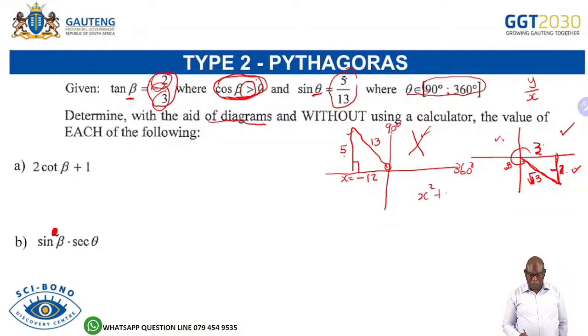X squared plus y squared equals r squared. The x value is not given. The y value is given. This is 169 minus 25, which is 144, x squared. So x will be square root of that, which is plus minus 12. Therefore, I choose x equals -12.